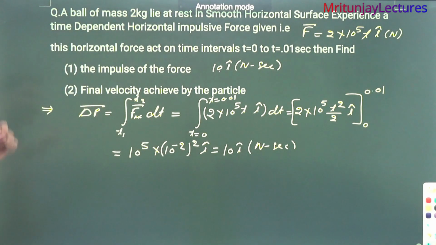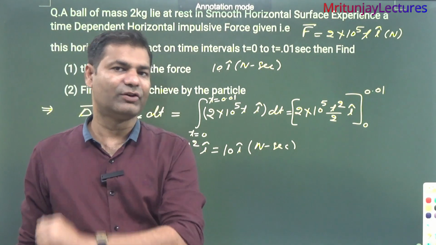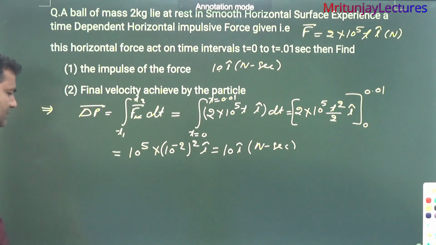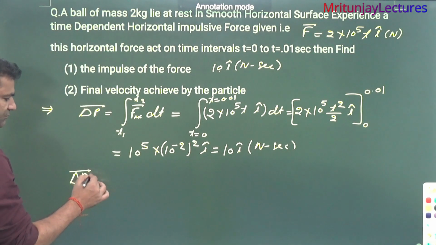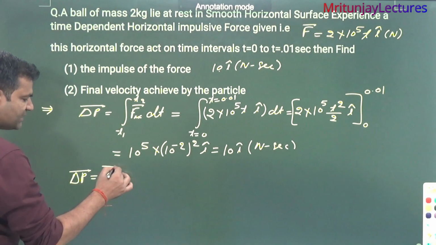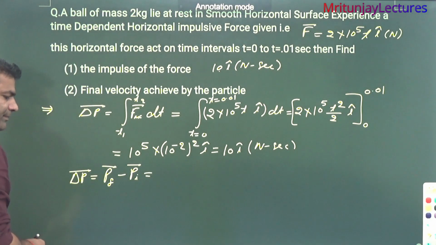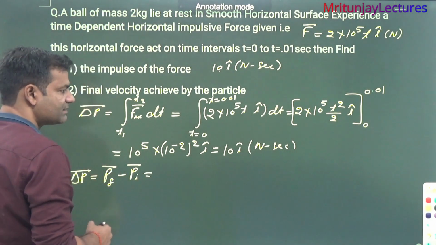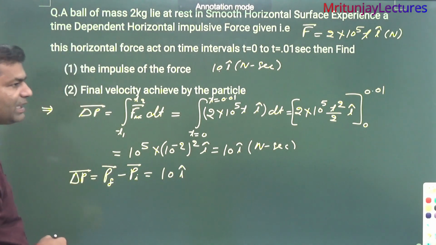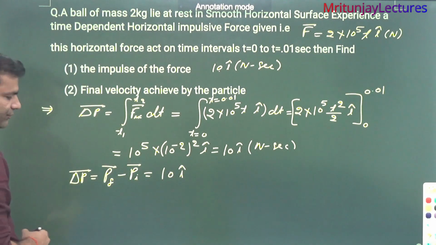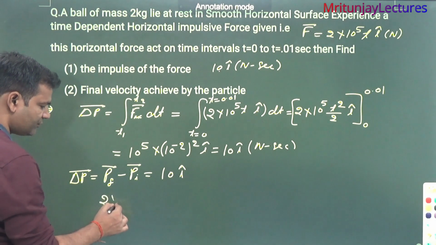Next, the final velocity achieved by the particle. Now our next target is the final velocity. I know that delta P is written as P final minus P initial, and that is 10 i cap. Final momentum is mass into velocity, so 2 into final velocity.